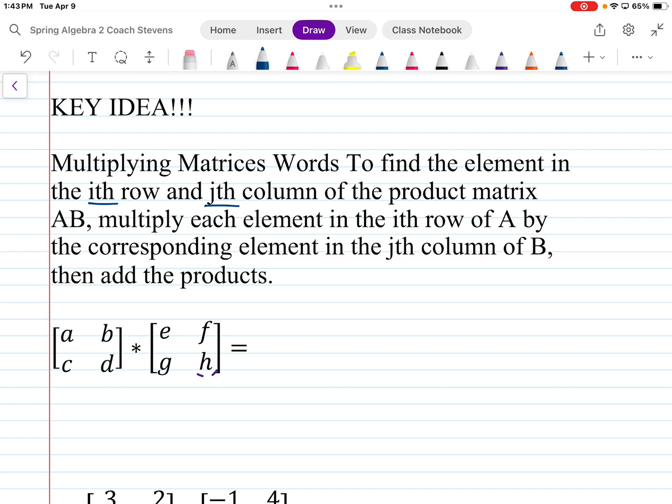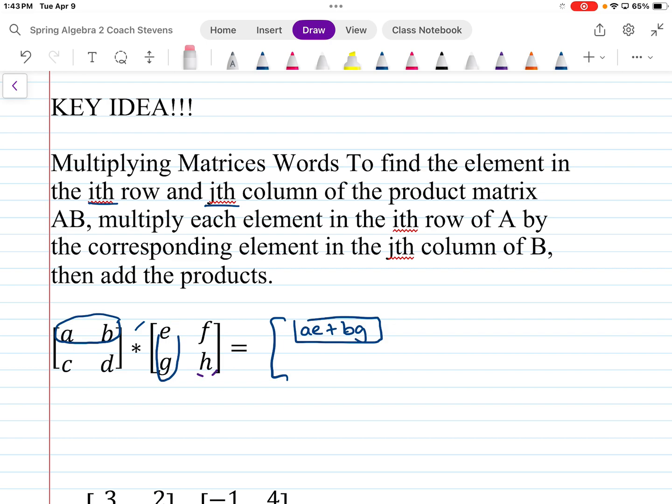What we do more or less is take the top row and multiply it by the first column, and that gives me the answer for the very top left cell. So I would do A times E and add to it B times G. Once I get done multiplying A and E, B and G together, I add those two answers together, and that gives me the answer in that top left cell of the matrix.